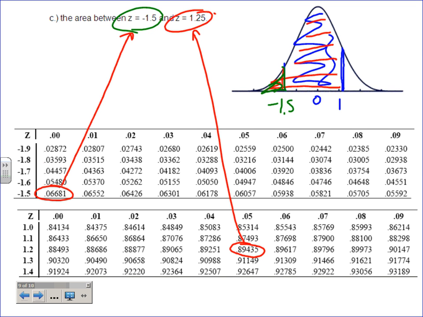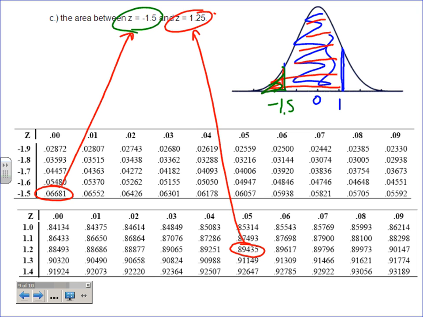So in other words, you need to take 0.89435 and subtract 0.06681. Is it surprising that this is so small? 6% for negative 1.5? No, not really. That's pretty tiny over there, right? And this one's so big, 89%? Yeah, that makes sense, right?